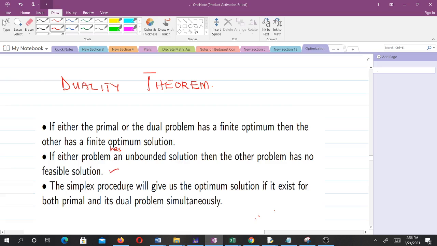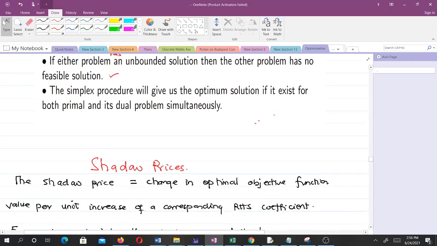The simplex procedure will give us the optimum solution, if it exists, for both the primal and its dual problems simultaneously. So if you solve the primal problem from the simplex table, you are going to get both the solution of the primal and the dual. The same way, if you solve the dual, you get the solution for the primal too. We will show you how to do that very soon.